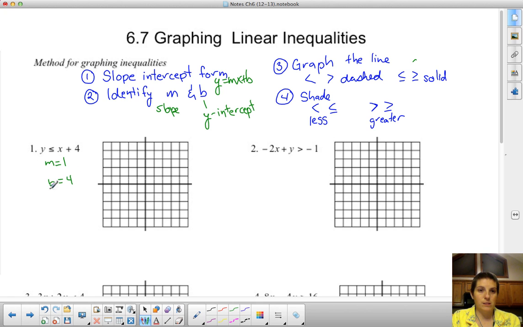So remember, b is our start. So we'll start on the y-axis at positive 4. And our slope is 1. So we'll rise 1 and move right 1 to put in the next point. Now we'd like to have a couple of points, so let's work backwards to put in some more.